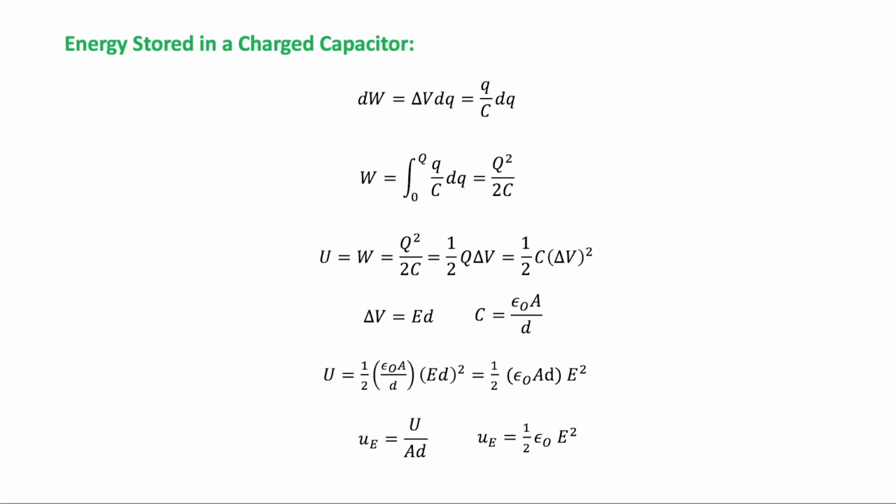So the result we obtained for the potential energy stored in a capacitor applies to any capacitor geometry, and also any capacitor has a maximum energy or charge that can be stored.